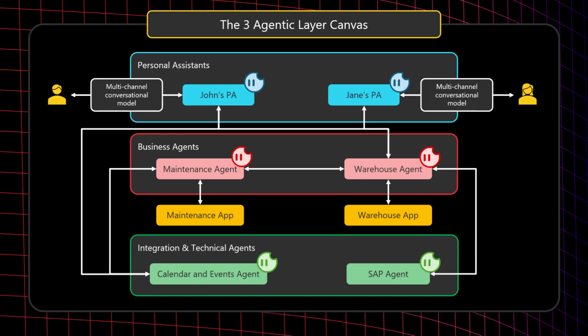These technical agents or integrations are agents that are really specialized in integrating with external systems. So we are talking about situations where you need an agent to have really good knowledge about SAP, the APIs of SAP, and the tools to call them. In this case, it can connect to an MCP server of SAP. Or, for example, imagine that you want an agenda assistant that is really specialized in creating meetings and sending emails, and is really trained to be good at it.